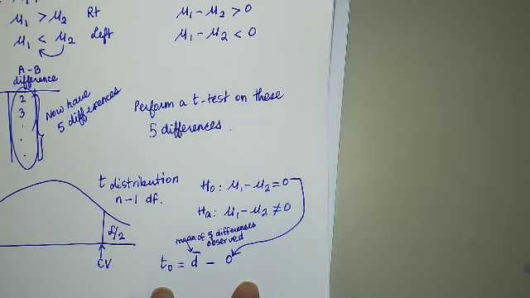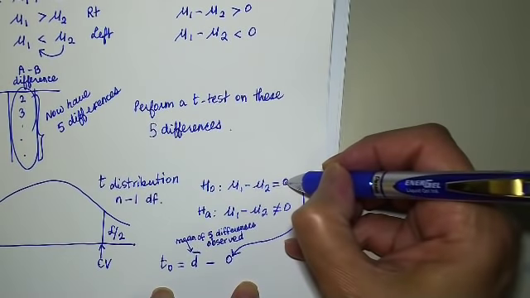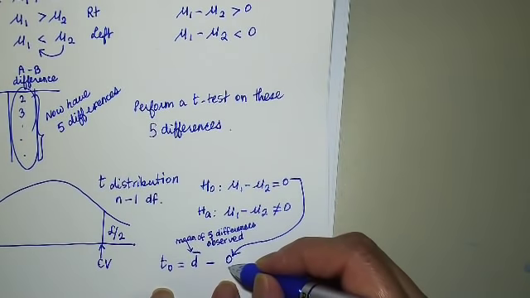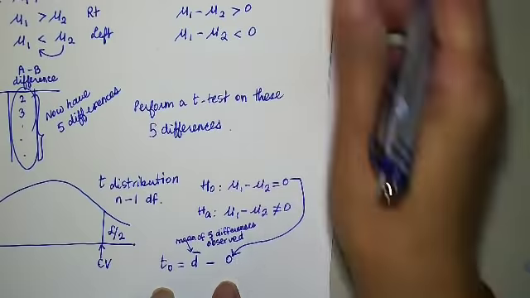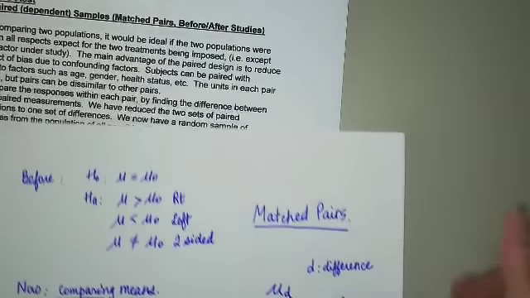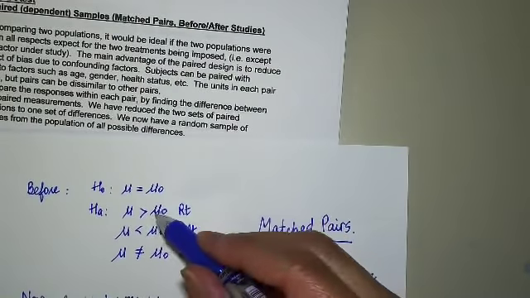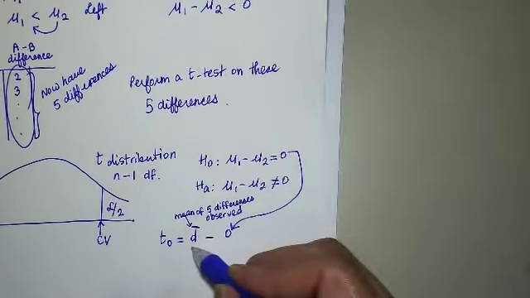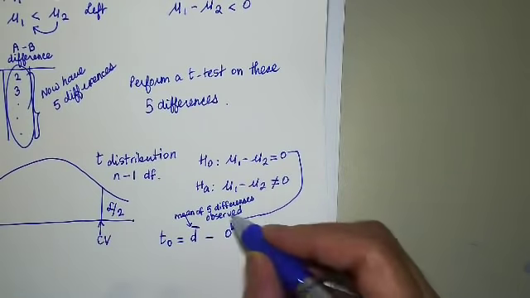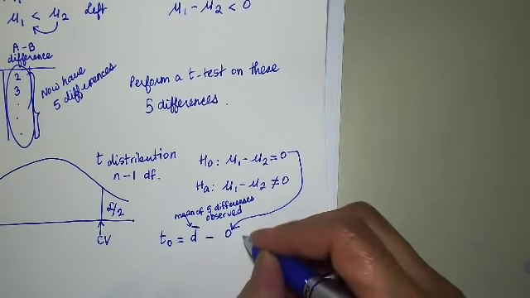So this number doesn't always have to be 0. It could be any number. This could be a test to see if the difference in means is 5, or a test to see if the difference in means is 15. So whatever number sits here is this number right here, just like we used to do with these. Whatever was mu naught, that's the number I would put there.